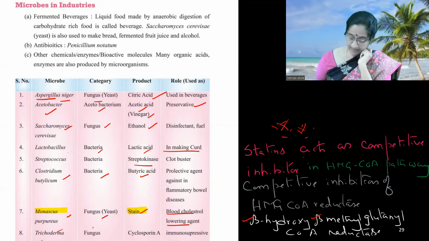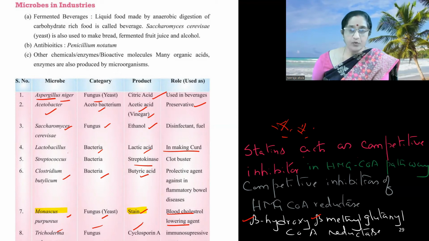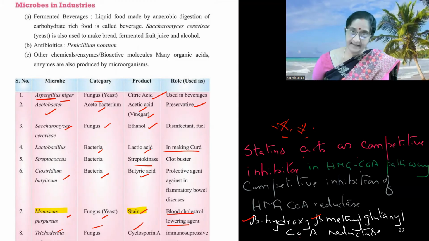And then Trichoderma fungus, from which cyclosporin is extracted, is used as an immunosuppressant. For a person who has undergone organ transplantation, cyclosporin A is used as an immunosuppressant to suppress graft rejection.